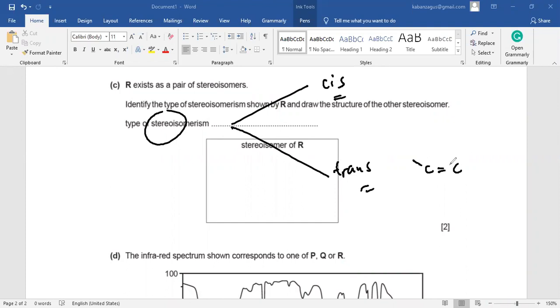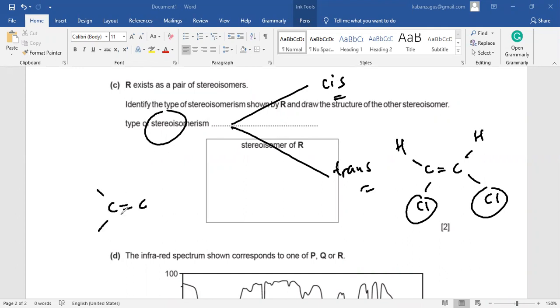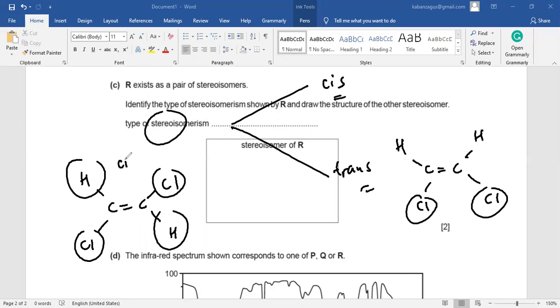Trans means you would have the same atom on the opposite sides, and cis happens also in a C=C double bond, like this one. The positions of Cl are on the same side, so this one is cis and the other one is trans.